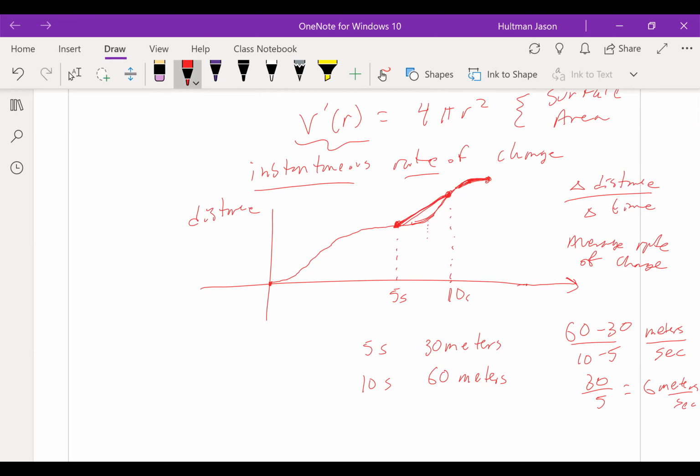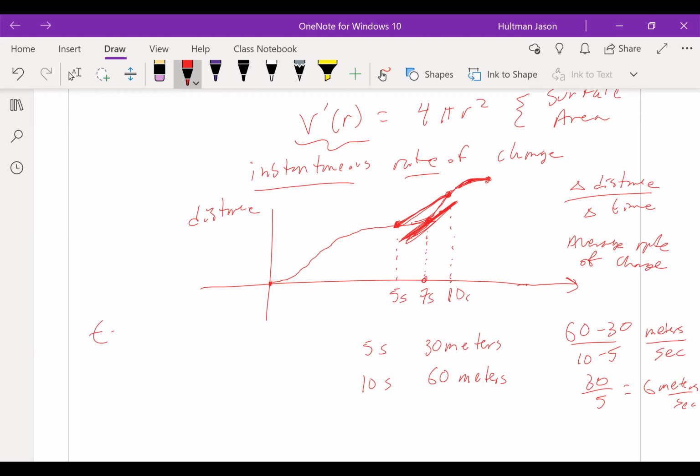But if I want the instantaneous change at, say, 7 seconds, the instantaneous change is the tangent line to the graph. And that's the derivative. That's the instantaneous change. So again, the way to think about this is, say you're looking at your speedometer in your car, right?